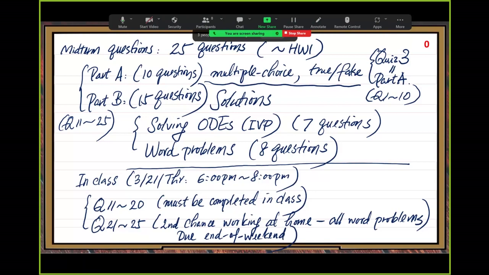In class, you spend most of your time on those 10 questions, so you do not have to spend your time on the last 5. Some students are really good, after they solve 10 questions in 2 hours, they have plenty of time to complete the last 5. That's good. You just do it.